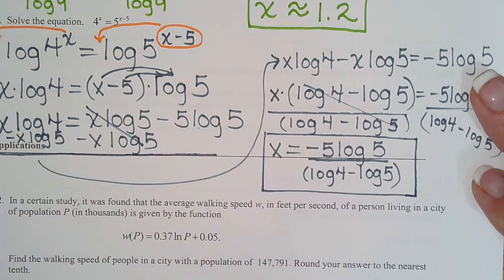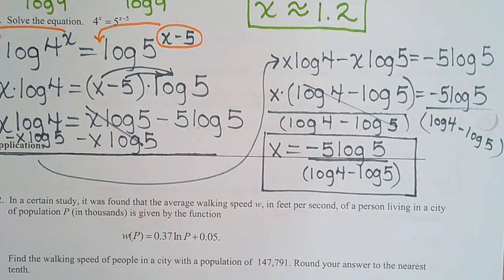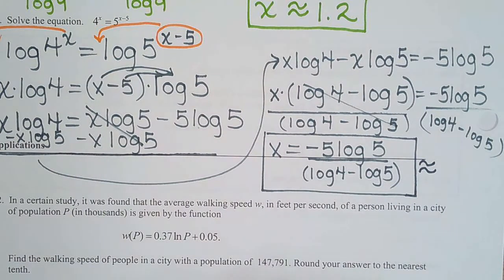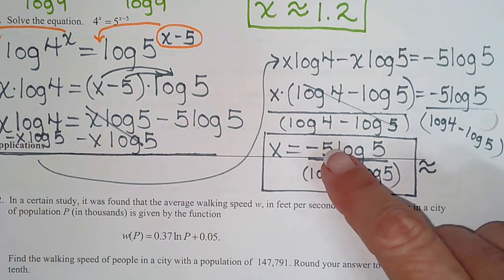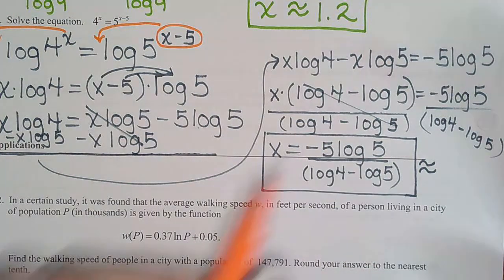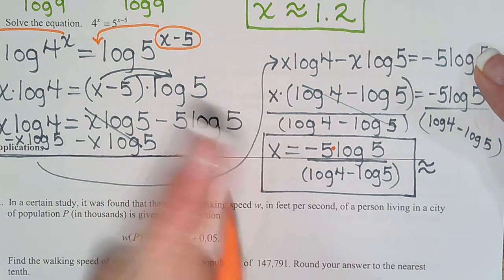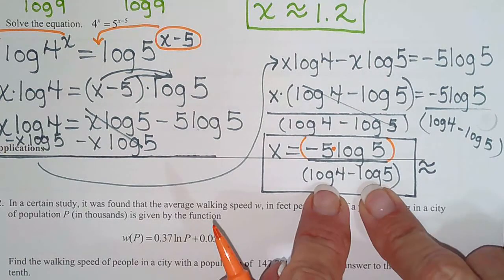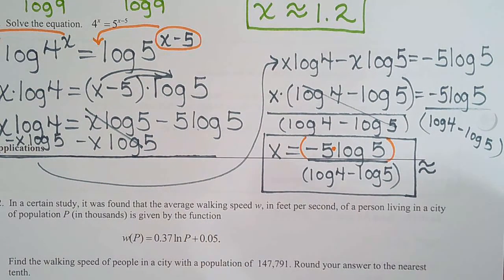But let's practice how we would type that in the calculator just in case you had one on a test or homework that asked you to round. So notice how there are 2 factors in the numerator, so that means they need to be in parentheses, and there are 2 terms in the denominator, so they need to be in parentheses.